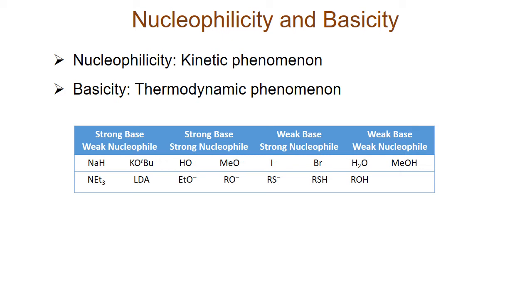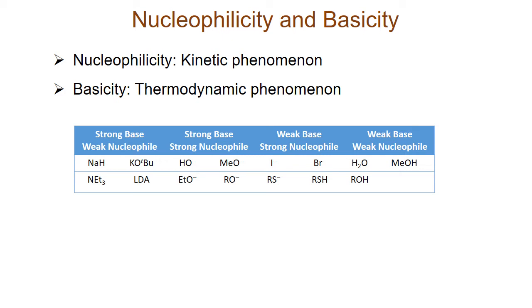So as can be seen, alkoxides like potassium t-butoxide or sodium hydroxide are strong bases, but these are really weak nucleophiles. Other alkoxides which are based on smaller alkyl groups like methoxide or ethoxide are both strong bases as well as strong nucleophiles.